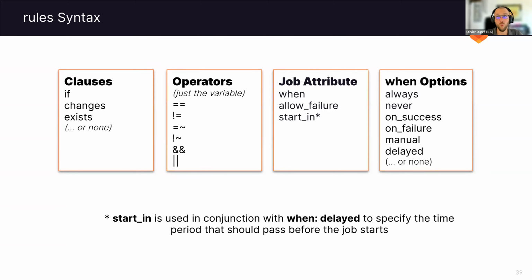Okay, and with the when keyword, you can also say that you don't want to run a specific job in some cases, or you want to always run it, whatever happened before it, or only on the success of the previous job or on the failure of the previous job, or maybe you want to execute it manually or delayed, as I already said.